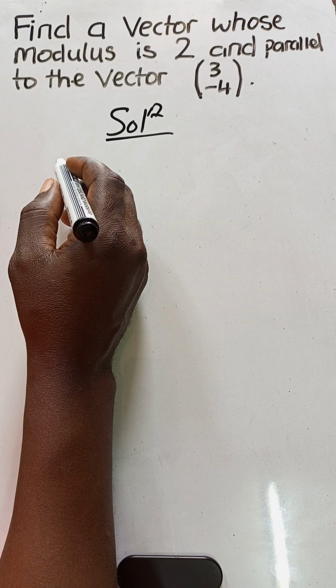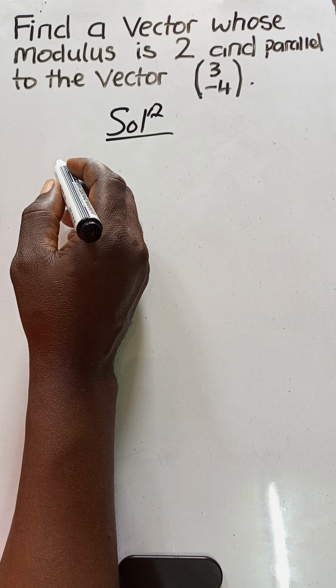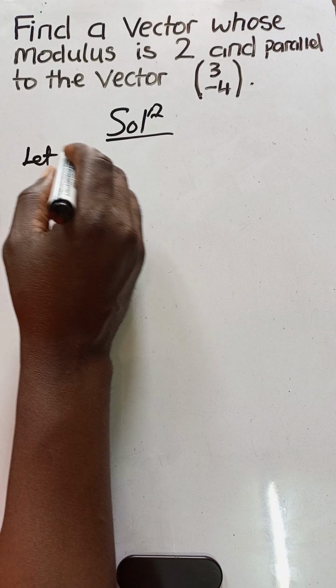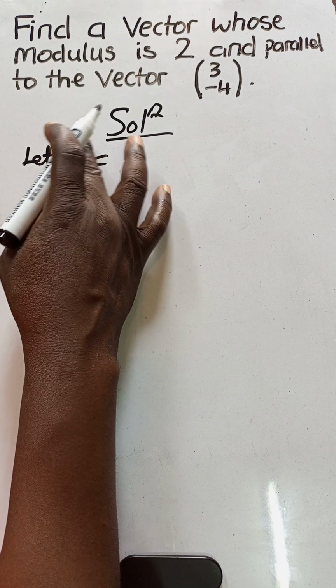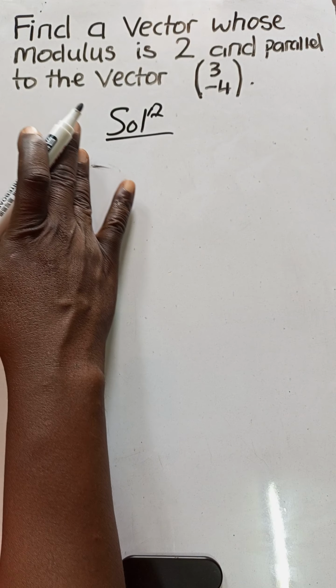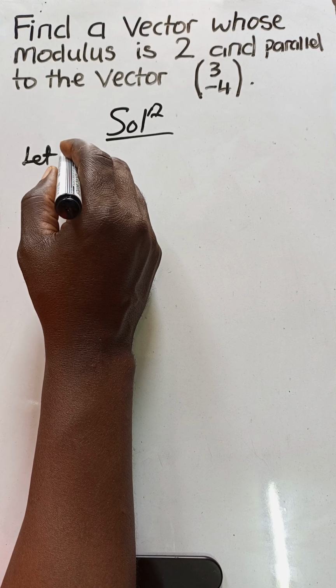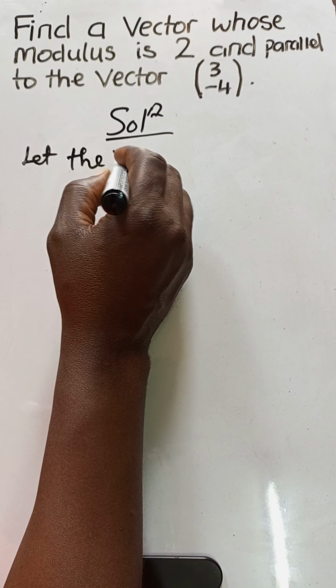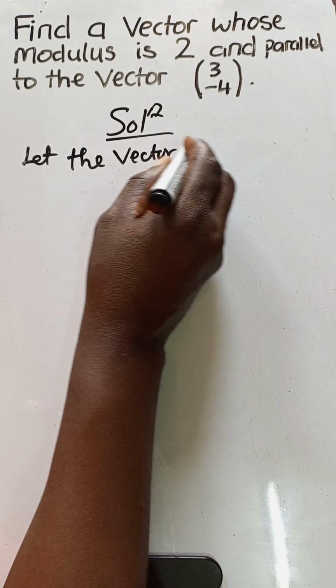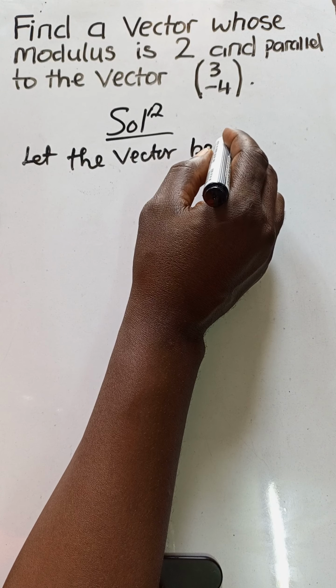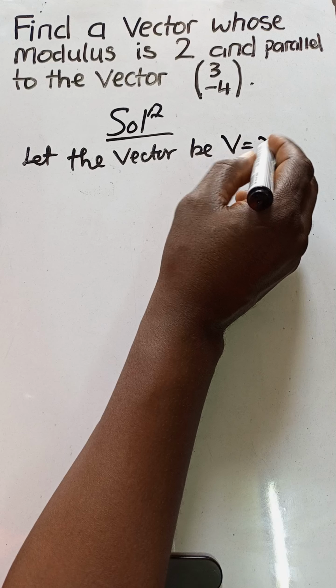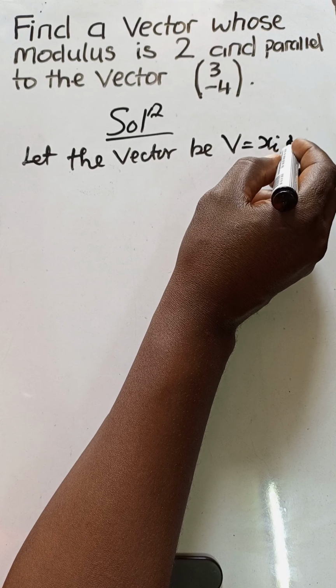Now, we are looking for a vector that we don't yet know. So, we can call the vector v, with components x and y.